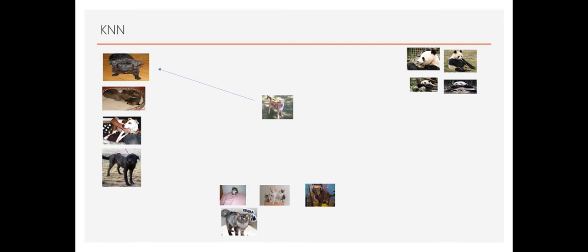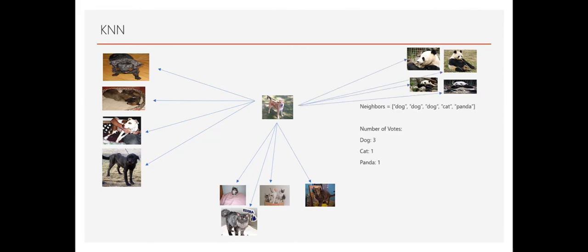So in KNN, you have all vectors for all the images, right? You first compute the vector of the new image which does not have a label, in this particular case a dog, and you compute a distance to the existing set of dog images. Then you find the nearest one of them. Then you compute the distance of this dog image with all the images of cat, and similarly for panda.